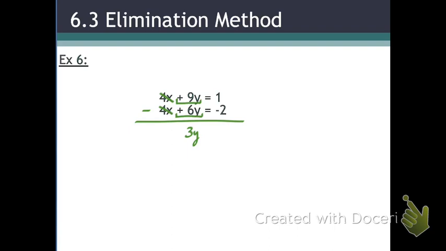But in this scenario, they are both positive, so we just do 9 minus 6. That gives us 3y. Then we have 1 minus negative 2. So this is an example where we have to think about those signs. So 1 minus a negative 2 is a positive 3. Divide both of these by 3, and I have found that y is equal to 1.